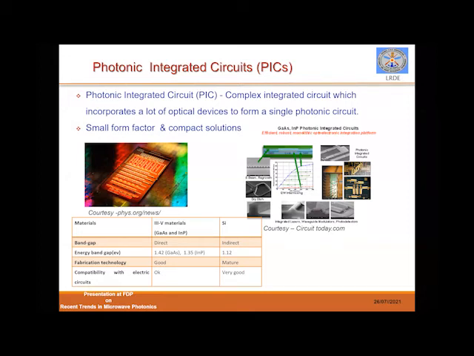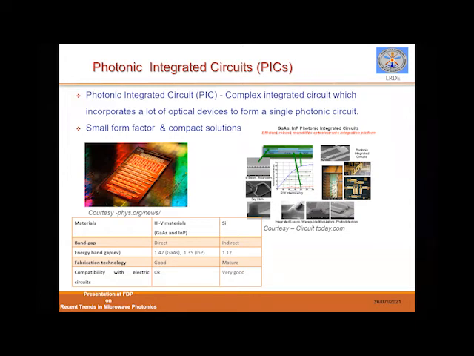A lot of optical devices can be put together in the form of a single photonic IC, which will give a small form factor. And obviously the moment it is a small form factor, it is going to result in a compact solution.